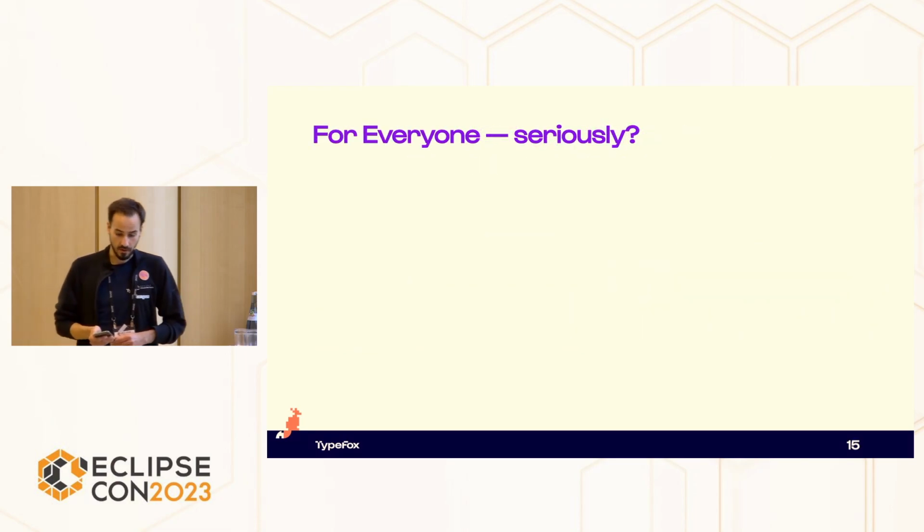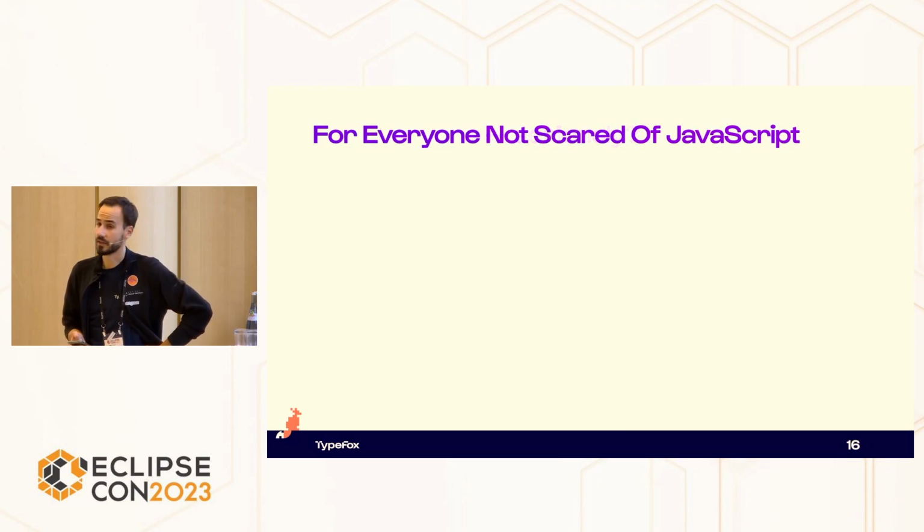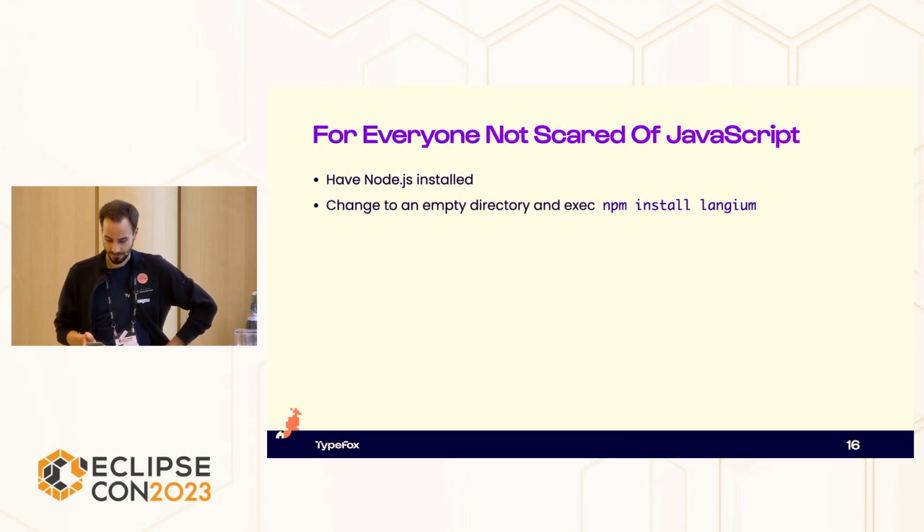In the title of my talk, I said code generation for everyone. I mean, I was quite JavaScript-centric here. Can it really seriously be for everyone? Maybe I need to do a restriction on that. Maybe it's only for those that are not too scared of JavaScript.